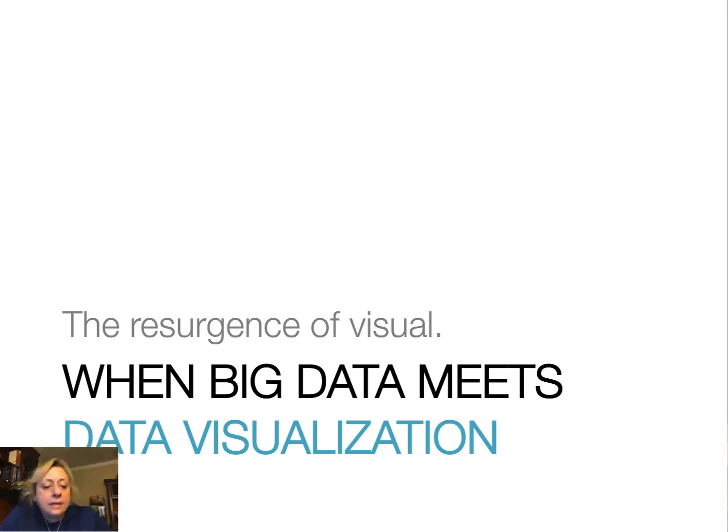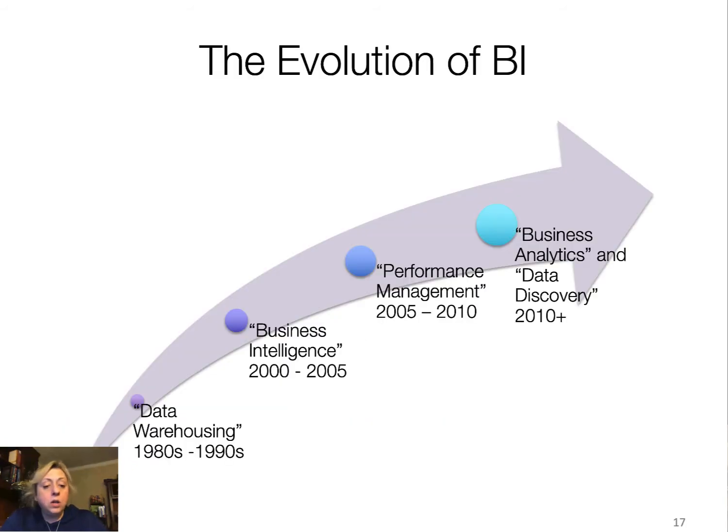So when big data meets visualization, we can say that we are creating some type of evolution of business informatics, or what you call BI, business intelligence. You can see that the evolution of business intelligence started a long time ago, between the 80s and 90s, when we started to build data warehousing.